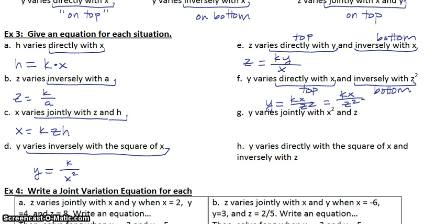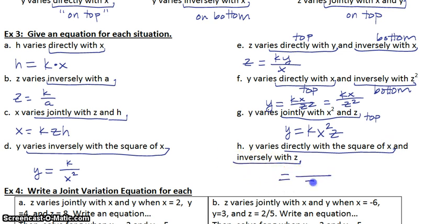Part G, Y varies jointly with X squared and Z. So remember, jointly is where it means it's just on top or just right next to the K. So KX squared Z for that one. Last but not least, Y varies directly with the square of X, inversely with Z. So again, inversely on bottom, directly on top with the K. Make sure you write down questions if you have any on that.